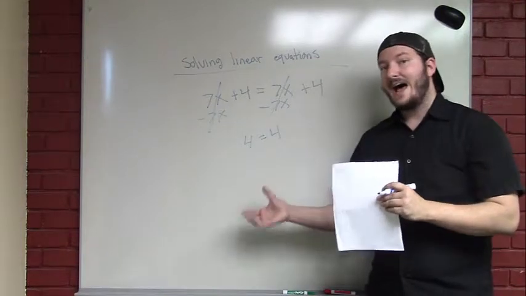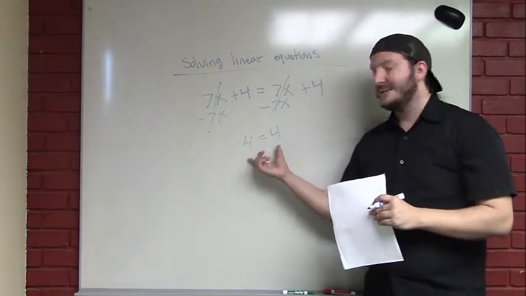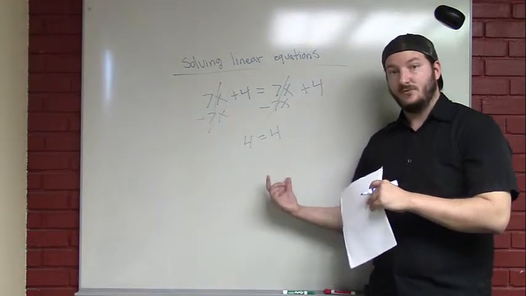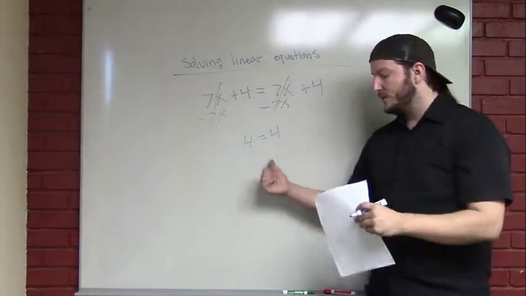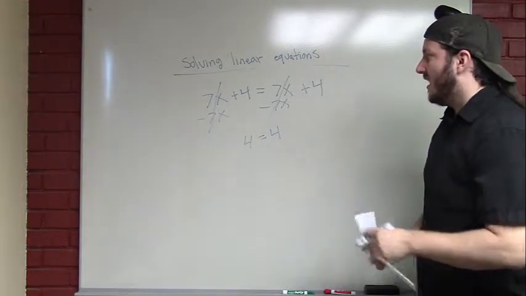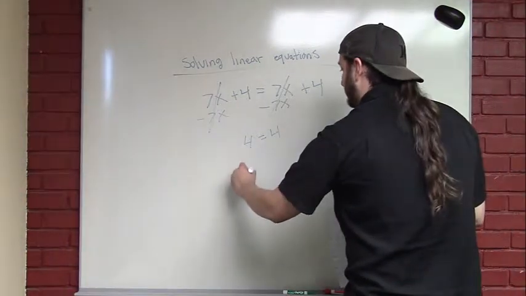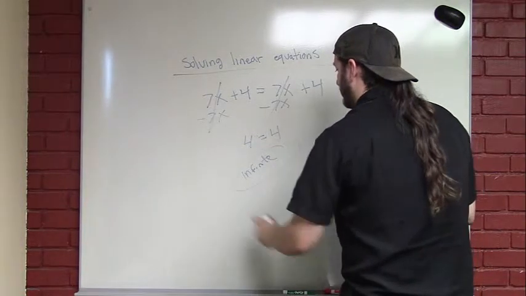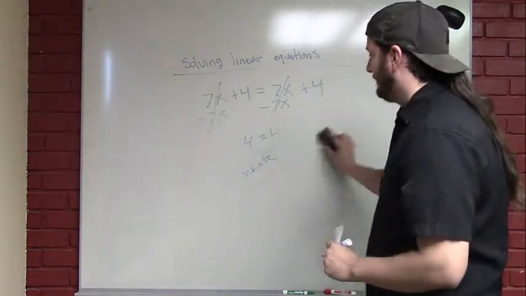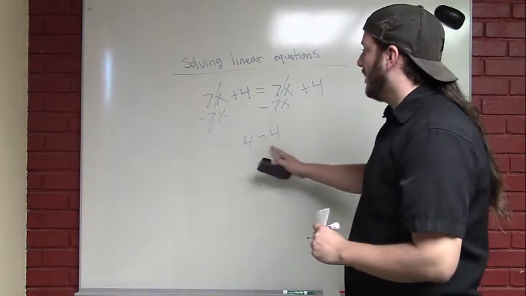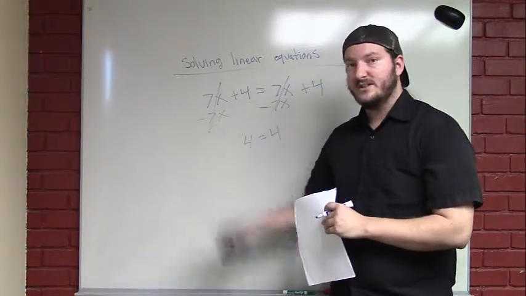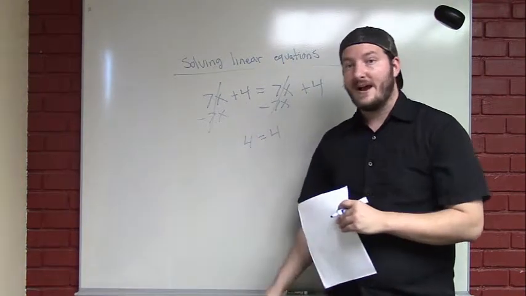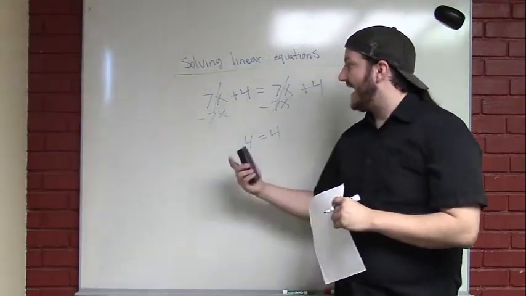Now, the last equation we had 4 equals 7, which didn't make any sense. Here, 4 does equal 4. That is a true statement. When you get a true statement like that, the answer is infinite, okay? There is an infinite number of solutions to this equation, meaning you can plug in any number for x and it will work.